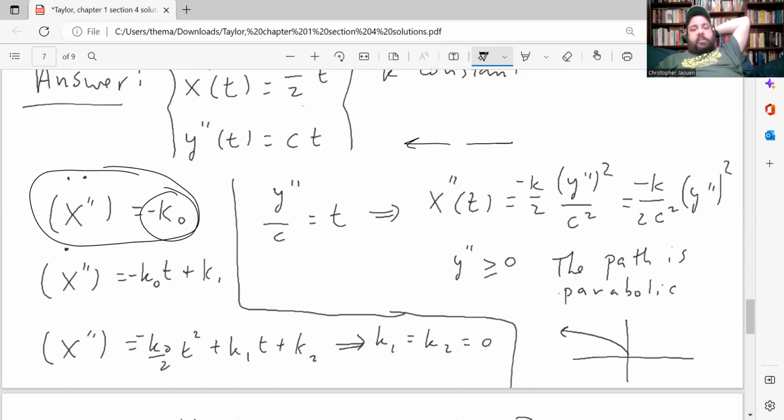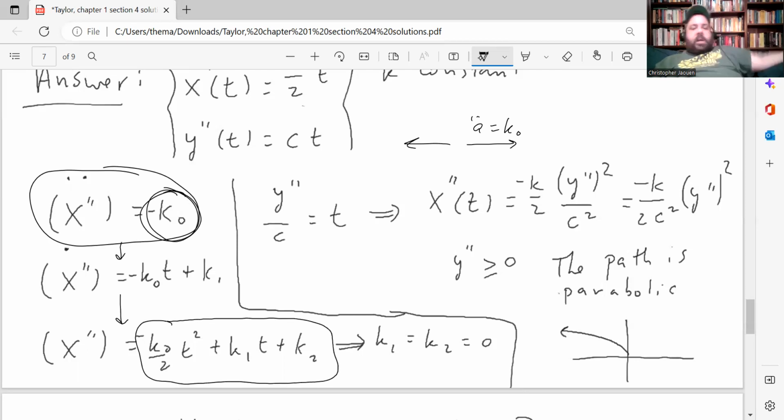So that'll have acceleration negative k0, and then you can anti-differentiate, and you end up with a quadratic function in the variable time for the x coordinate in terms of S double prime.